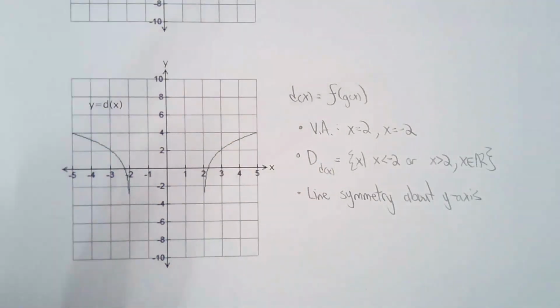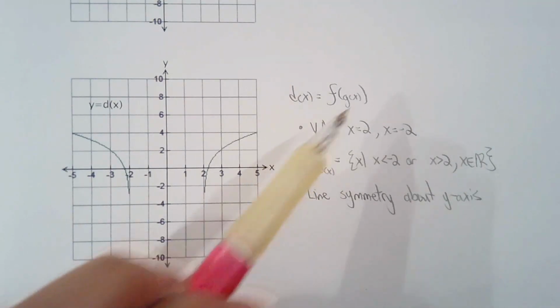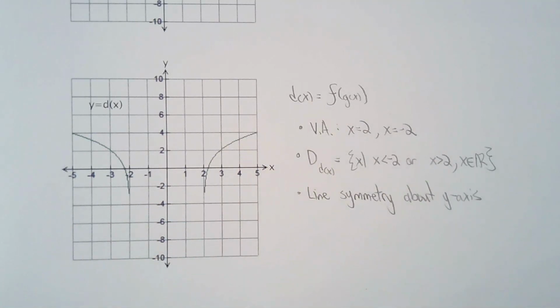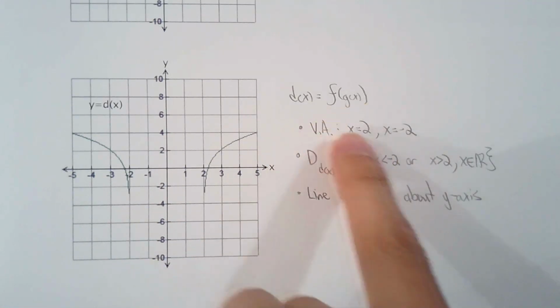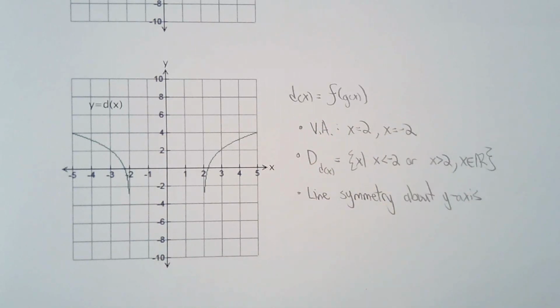Just by writing any one of these points, I am certain that d of x is equal to f of g of x. There's no other way of combining f and g to create any of these properties. So I'd argue, even though the graph of d of x looks pretty funky, it's one of the easier graphs to prove how you combined f and g.